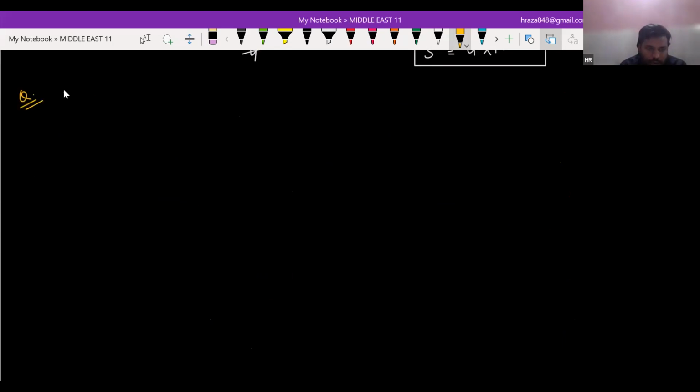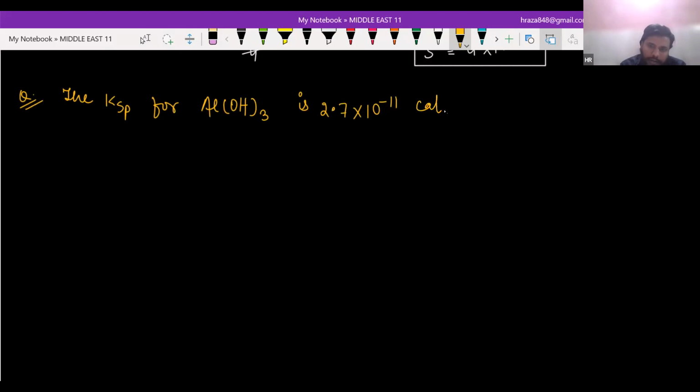Now see, we got a question. The Ksp for Al(OH)3 is 2.7 into 10 raised to the power minus 11. It's a very good question. Calculate the solubility of OH minus.